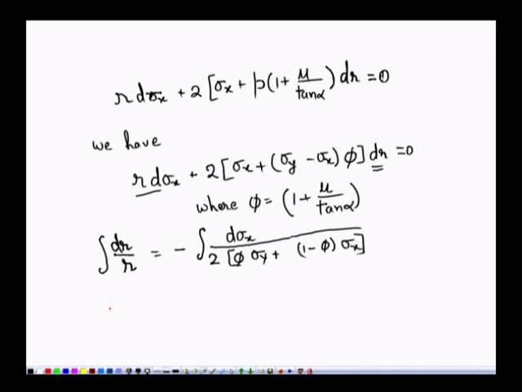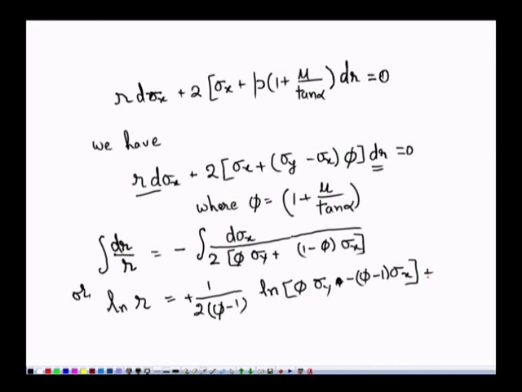So finally we have log of r equal to plus 1 upon 2 phi minus 1, then again log of the total, whatever the values are, that is phi sigma y plus, we can write 1 minus phi or phi minus 1, phi minus 1 into sigma x.